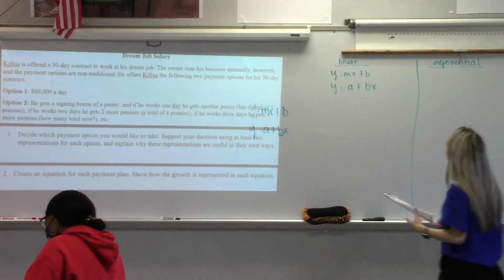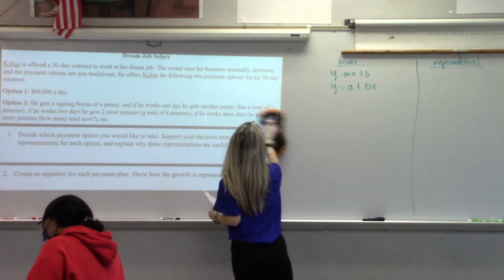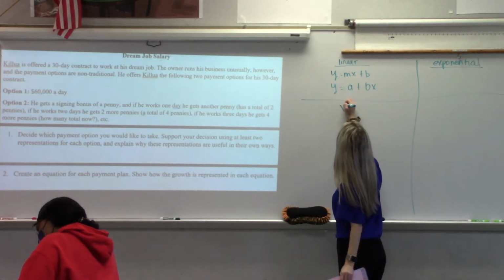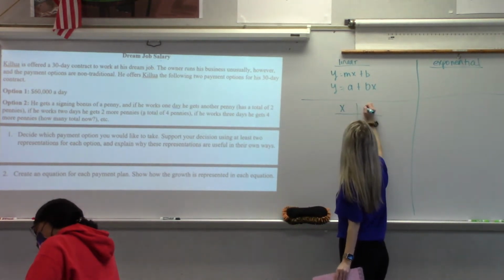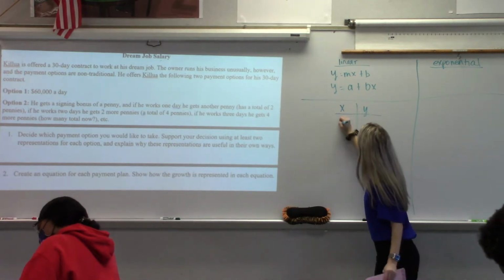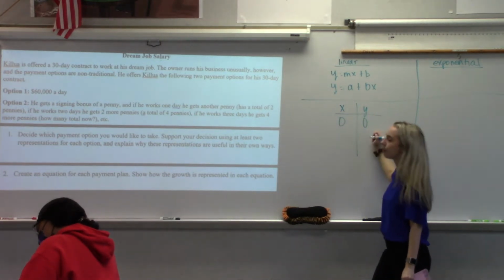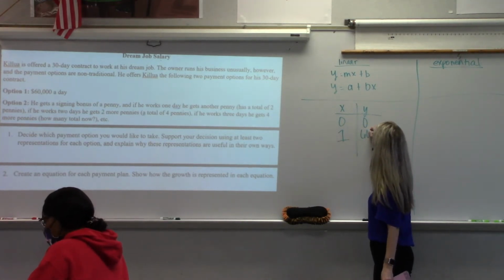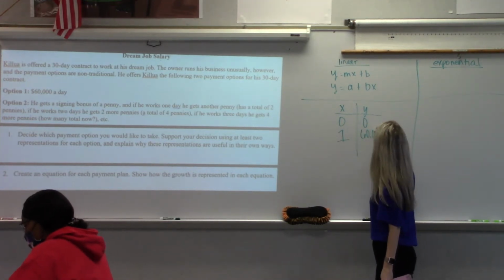Okay, so we had a table over here for the linear function. How much money do we have on day 0? 0. Okay, and then on day 1, we had how much? 60 racks.